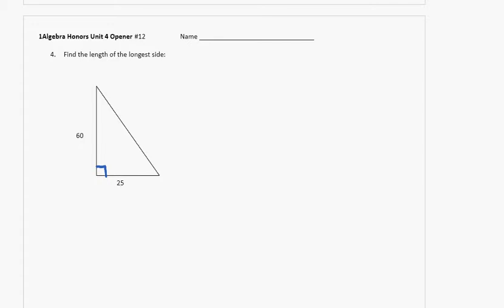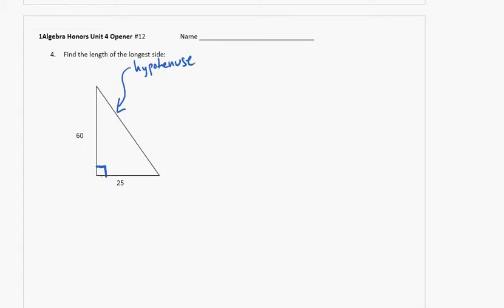Now we have two sides, and as you may have learned previously, in a right triangle, one of the sides is sort of special, and we call it the hypotenuse. The hypotenuse will always be the longest side of the triangle, and you can sort of tell just from looking at it that this is going to be the longest side.